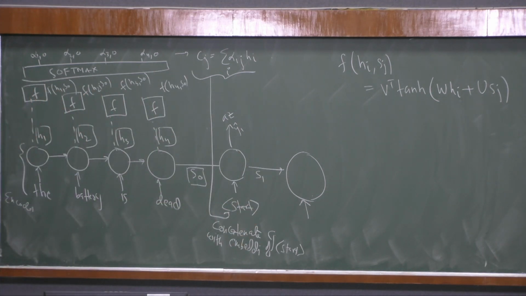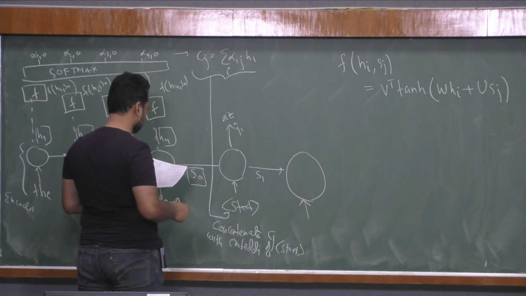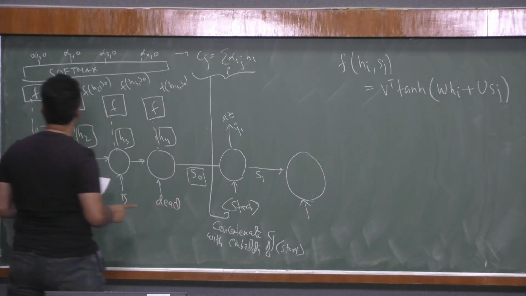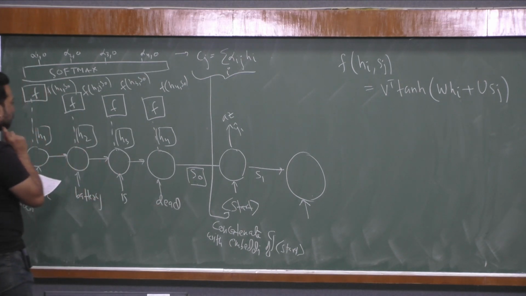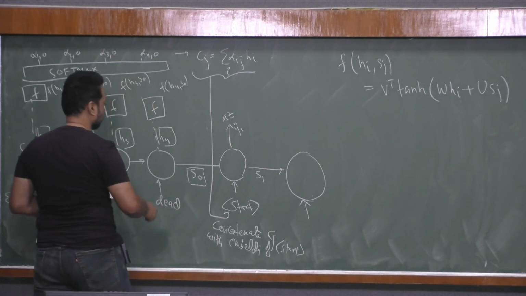hidden state, let us say s1, and then this s1 can be used again in the next time step. So the way it will get used is, we follow the same steps, but now we compute the scores with s1.